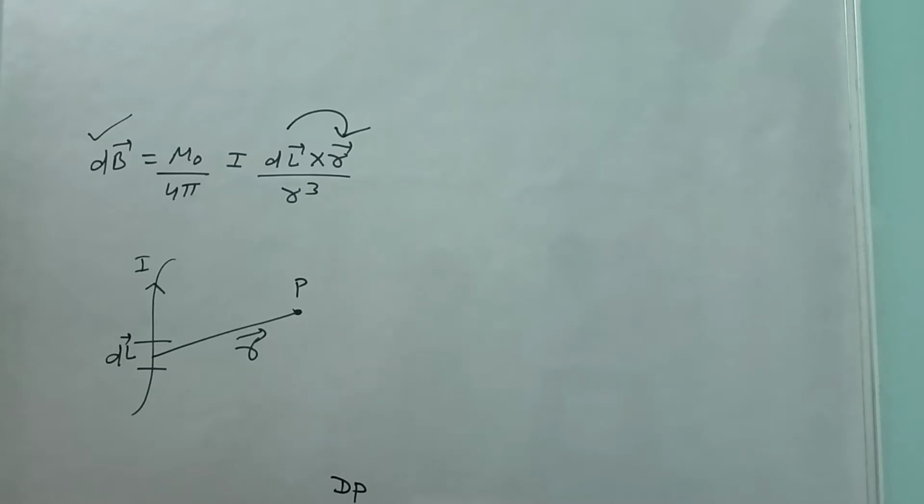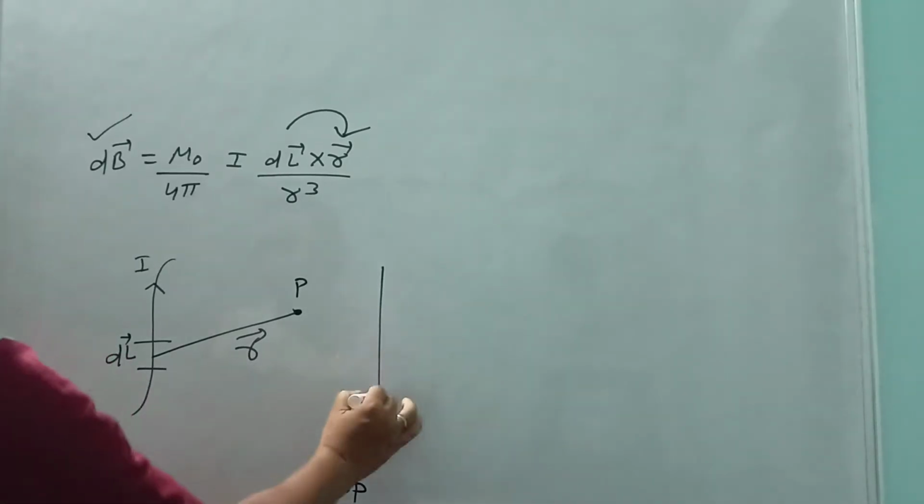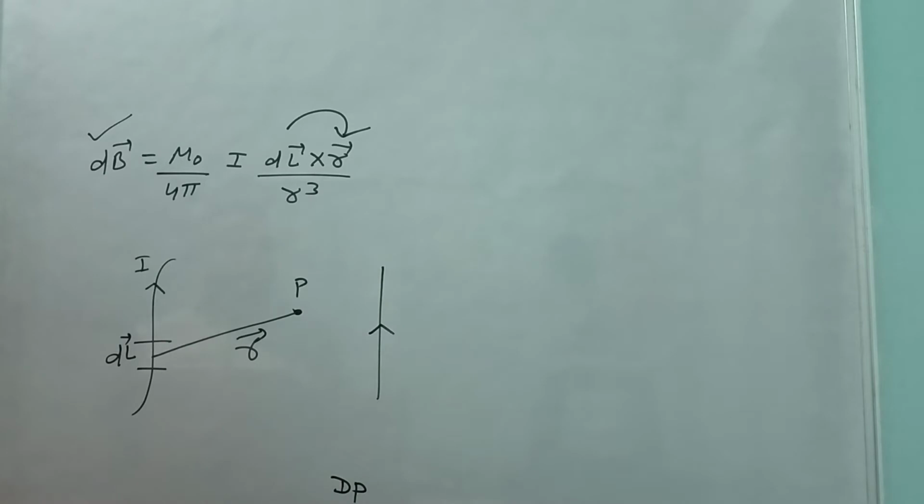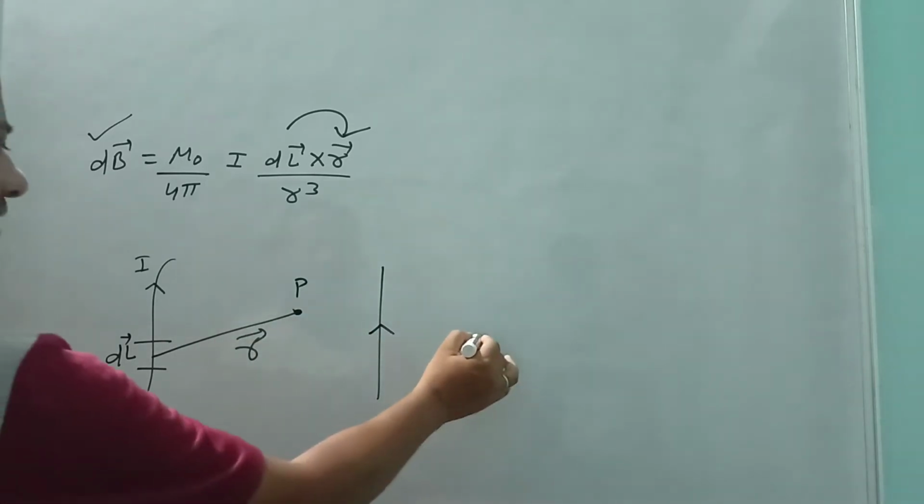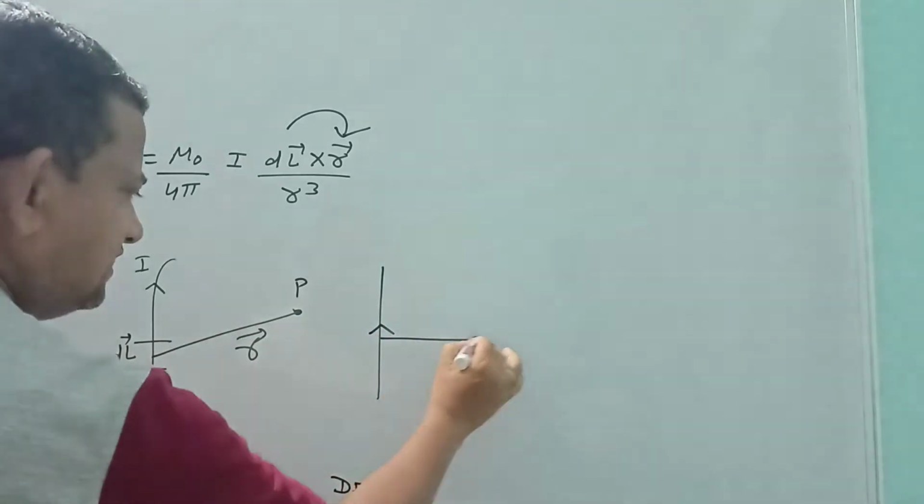The direction of magnetic field can be known either by cross product rule or the Maxwell's right hand screw rule. How? If dl cross r is clockwise, magnetic field is inward. How? Suppose this is a small element, in this direction it carries current I. Here is a point, so you join, this is r vector.